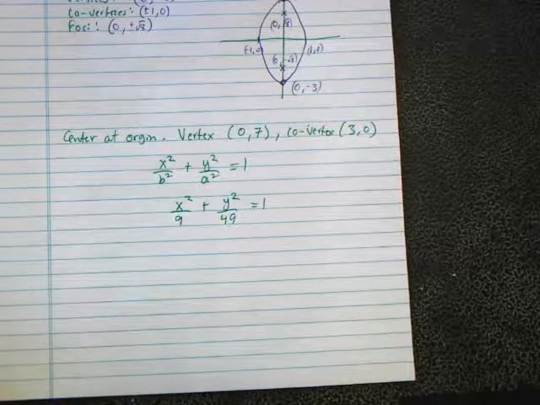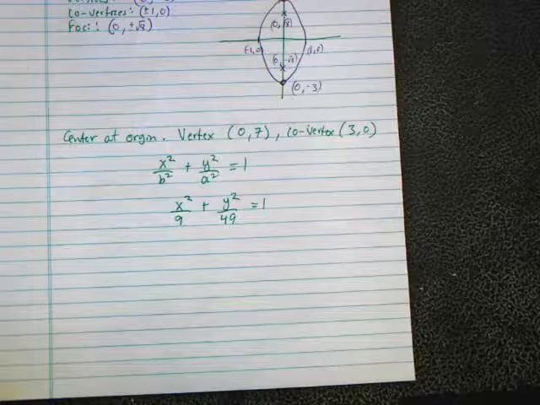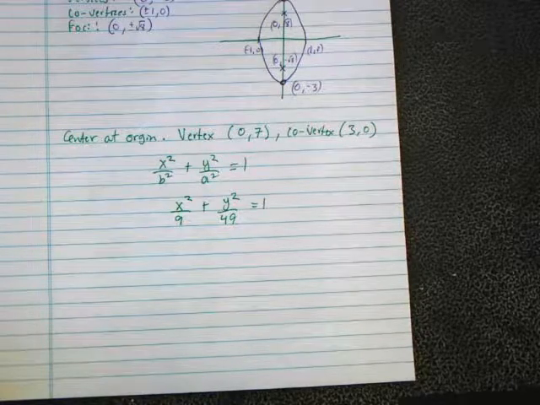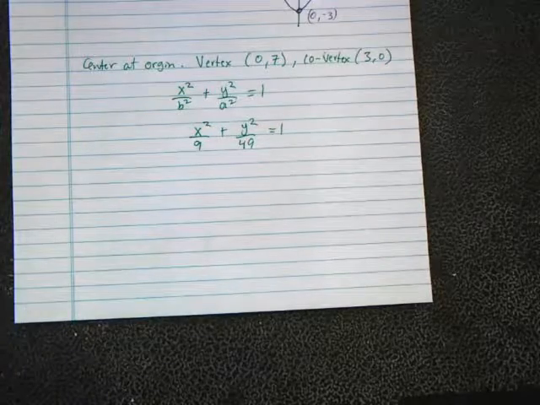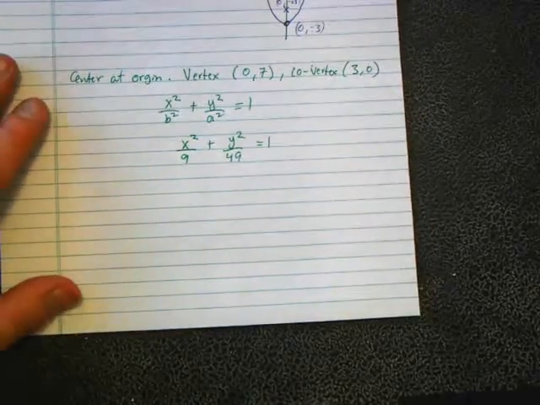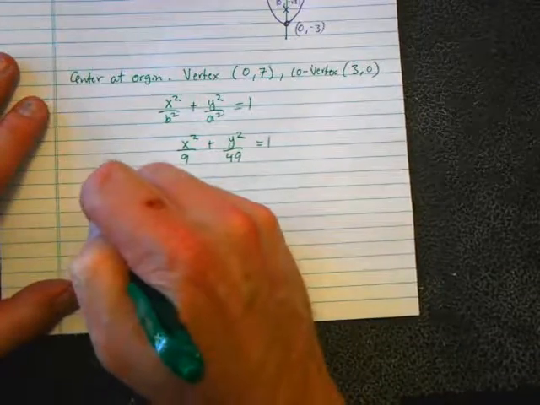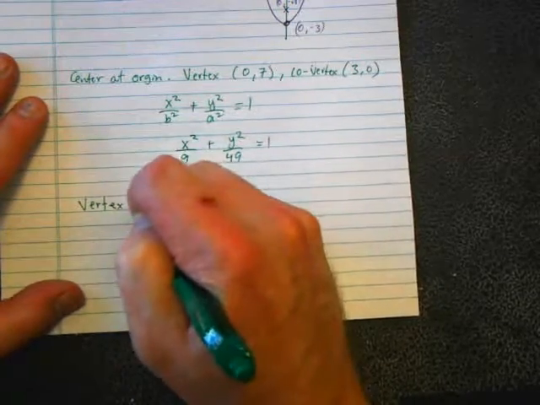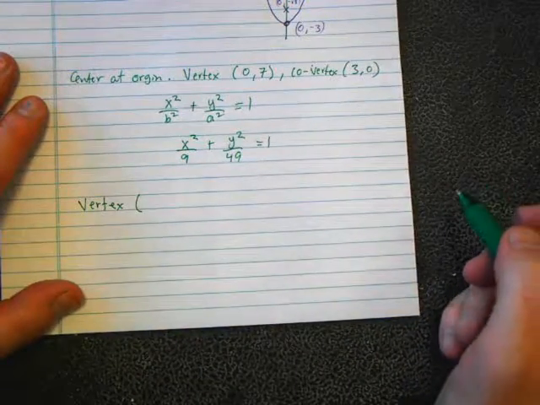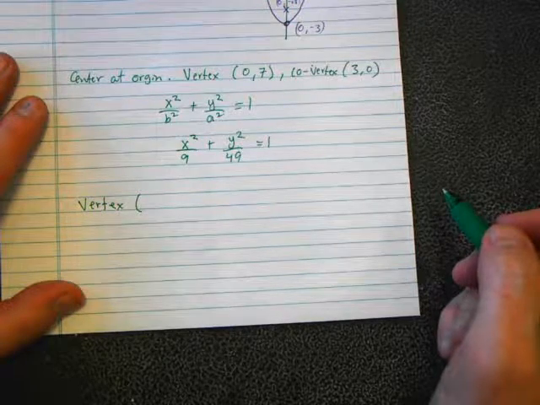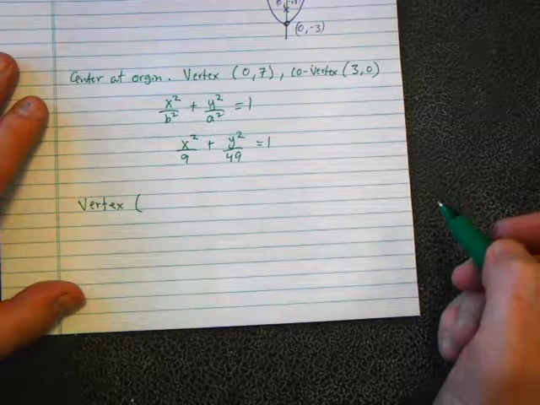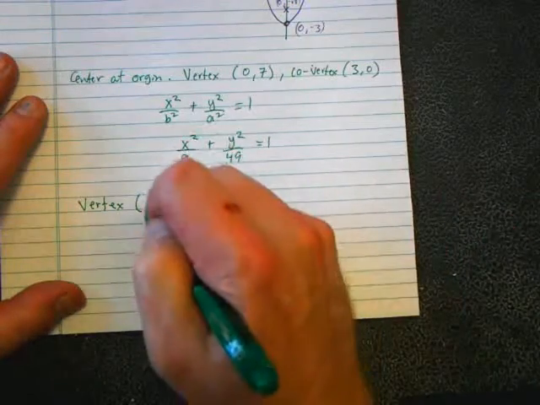Questions on that one? Center is still going to be at the origin. Vertex is going to be, I don't know, anybody have a number they like? 5, 0.